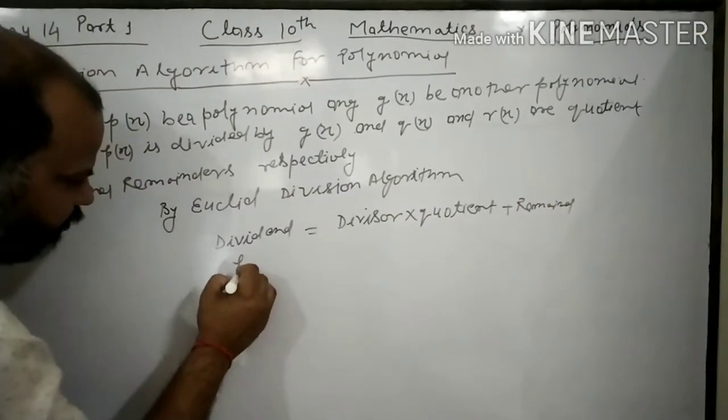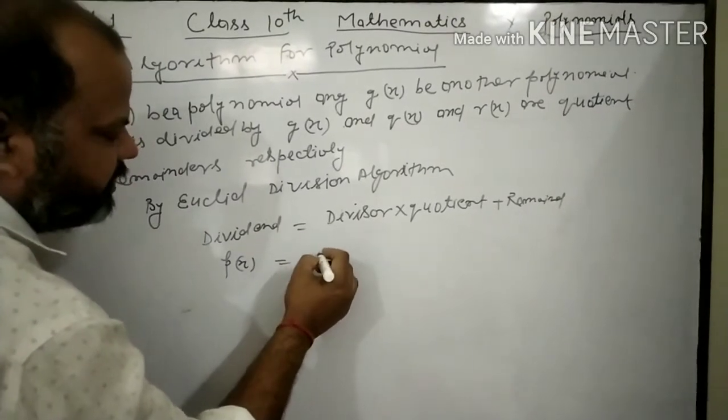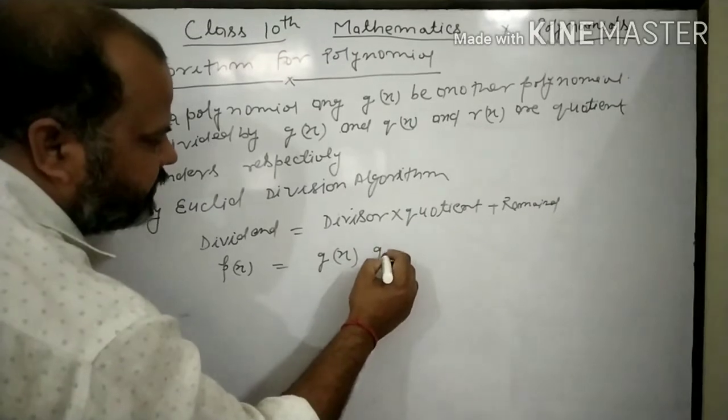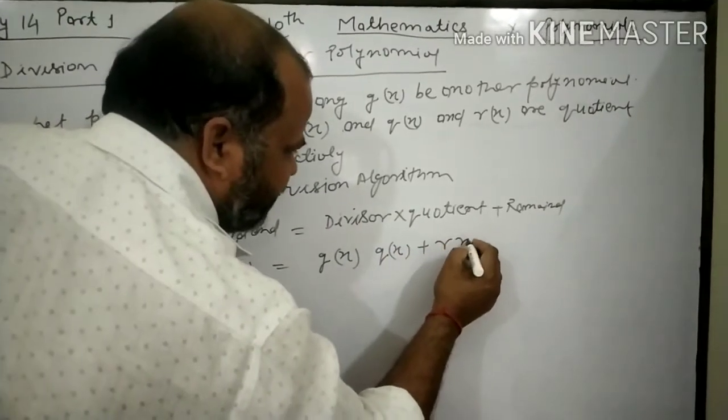Then here Px is equal to divisor, meaning Gx, times Qx, plus Rx.